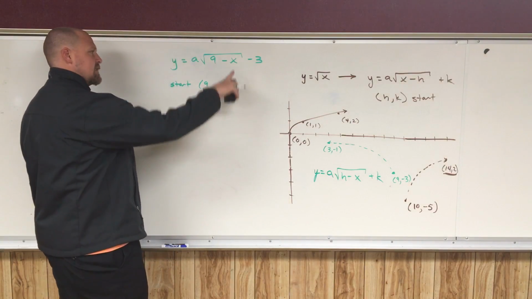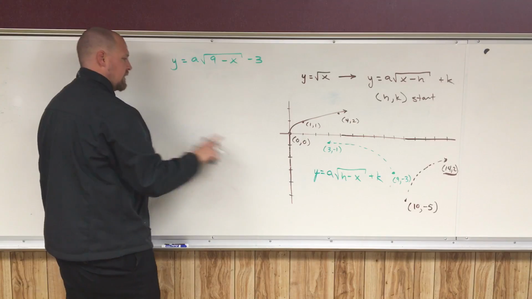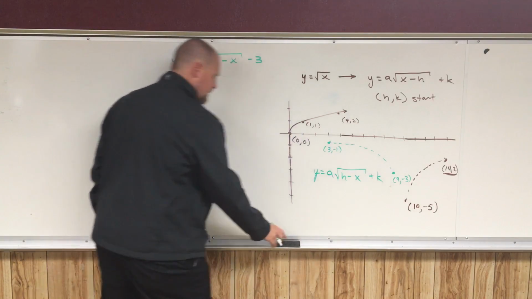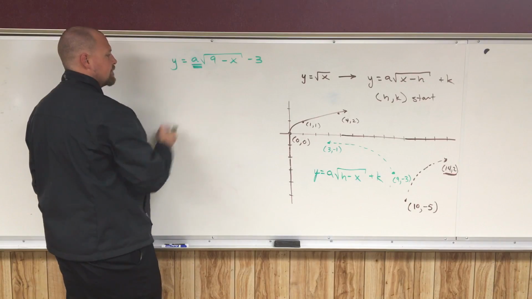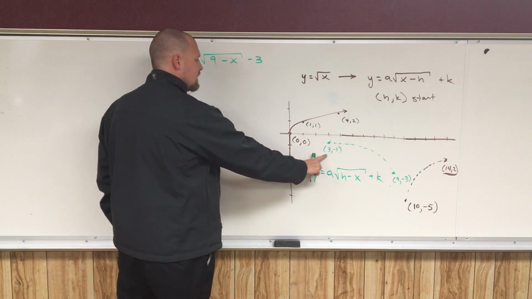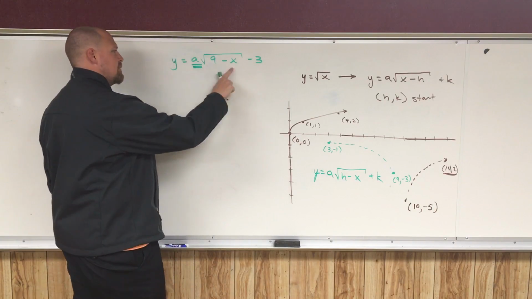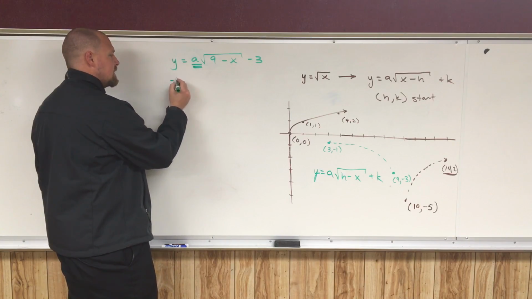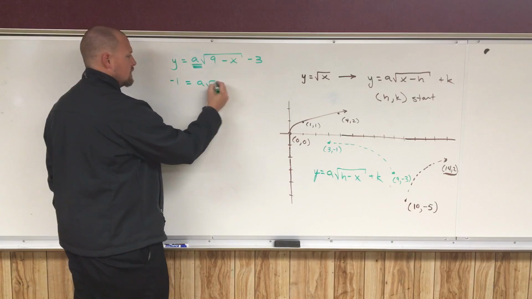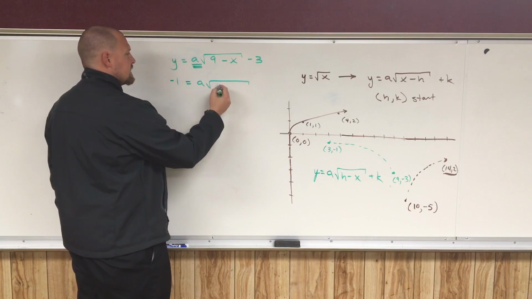So I'm going to erase this because we have it here, and you can see that we start at (9, -3) right there. But now I need to find a. So I need to take (3, -1) and substitute in my x and y to figure out my a. y is -1 and x is 3.